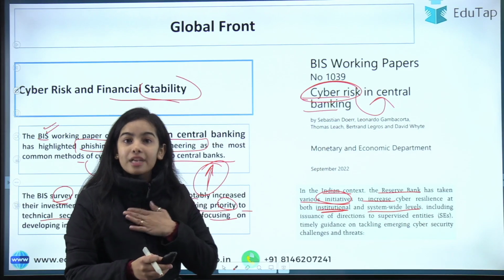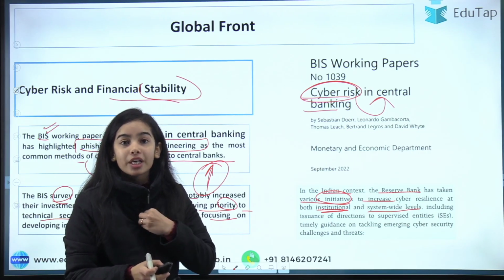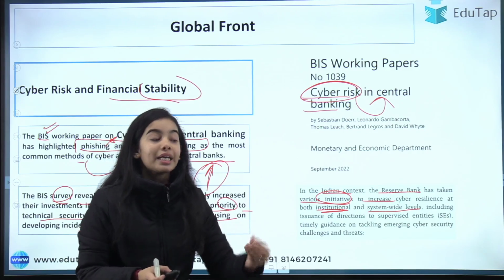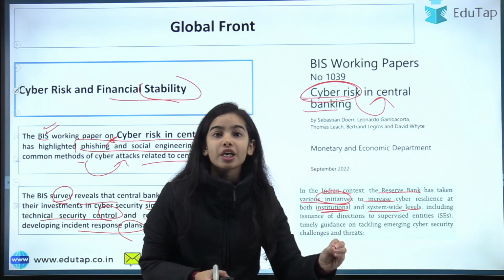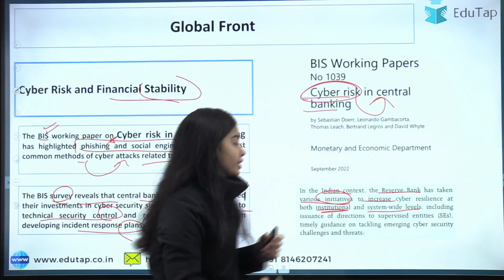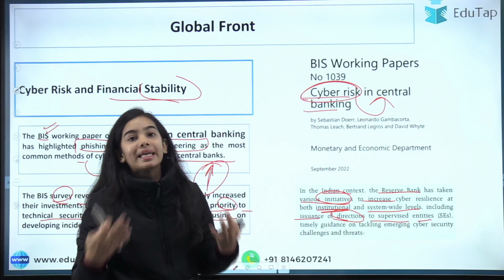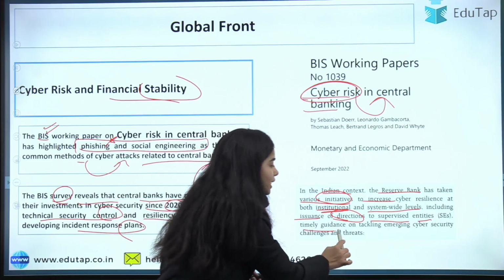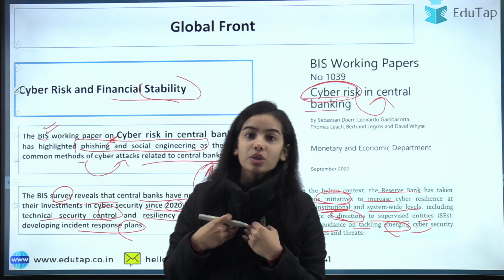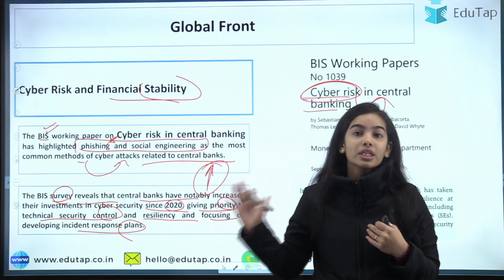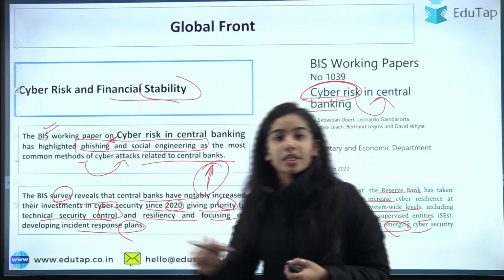For itself, it is taking steps to be safe from cyber threats, and at the system-wide level, for the whole financial system also, it is taking initiatives for cyber security, including issuance of directions to supervised entities, the regulated entities like the banks and NBFCs, and timely guidance on tackling emerging cyber security challenges and threats. So for itself the Reserve Bank of India is focusing on cyber security, and at the system-wide level also it is focusing on cyber security.